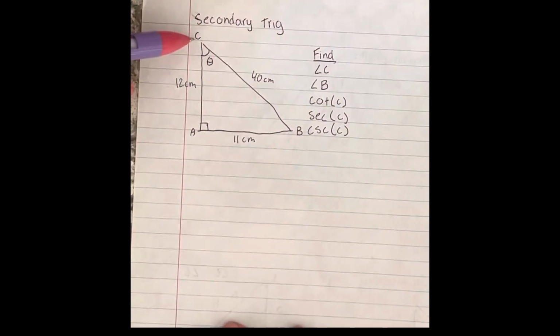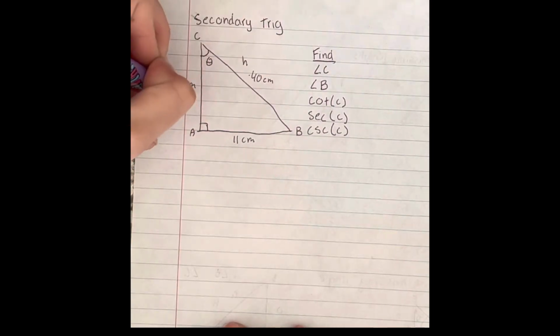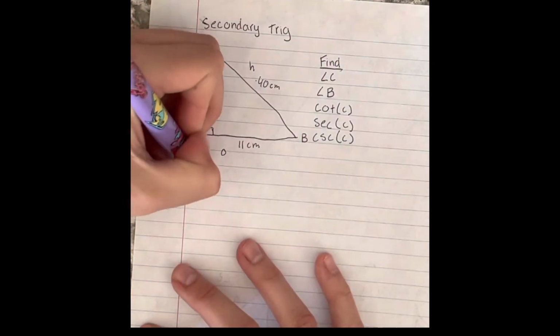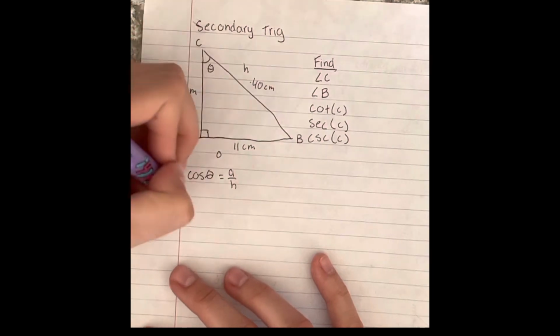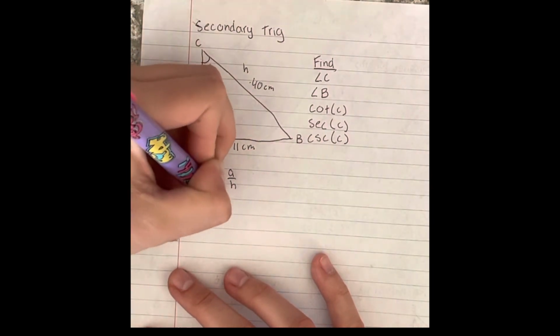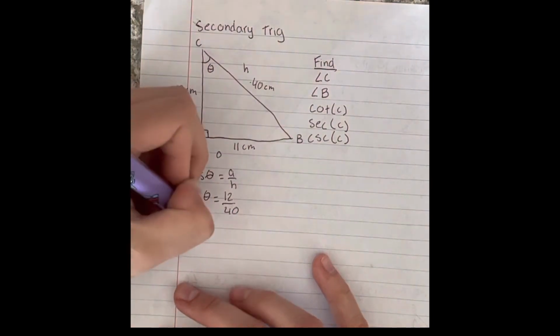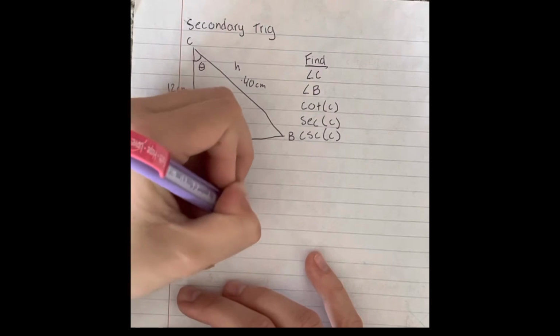So here for secondary trig ratios, I am just writing out the hypotenuse, the opposite angle, and the adjacent. And we can use cos to find angle C because we have adjacent and hypotenuse, and we can just fill that in as the ratio 12 over 40.